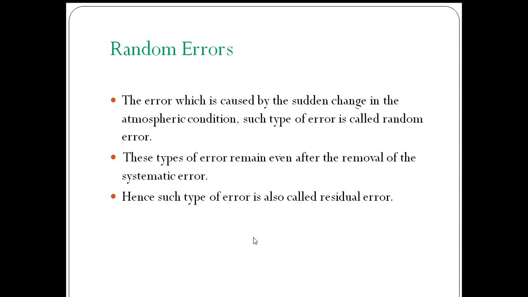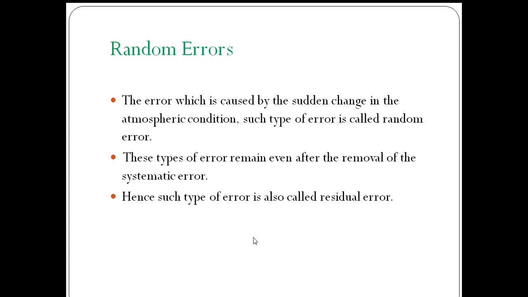The random errors are the errors caused by sudden change in atmospheric conditions. Such type of errors is called random errors. Suddenly the room temperature may change, may increase or decrease. When the temperature changes in the circuit, the resistance will change with respect to temperature.